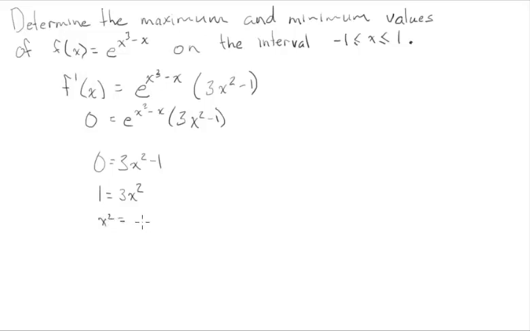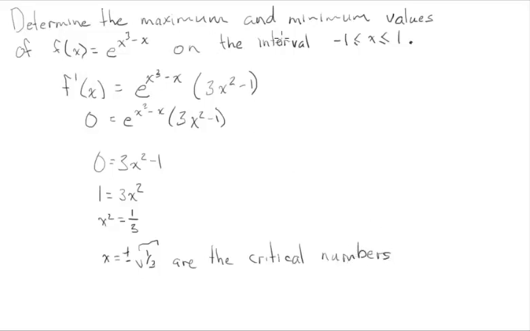So x squared equals 1 over 3. So x is equal to plus or minus the square root of 1 over 3 are the critical numbers. So we have two critical numbers.